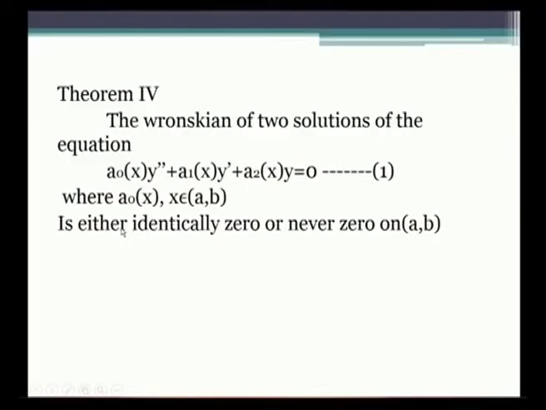This theorem talks about the Wronskian of two solutions. This Wronskian of two solutions is either identically 0 or never 0 on the interval a comma b. These are all the theorems about solutions of the homogeneous linear differential equation.